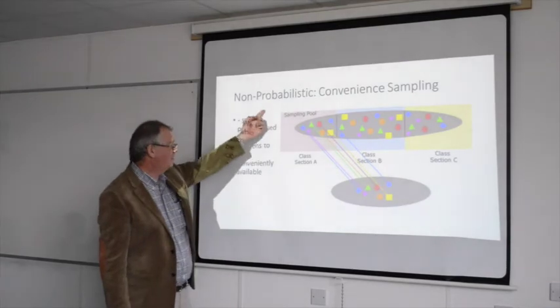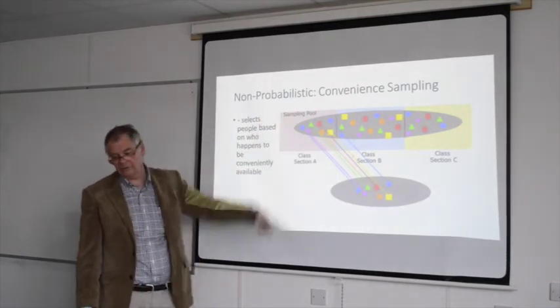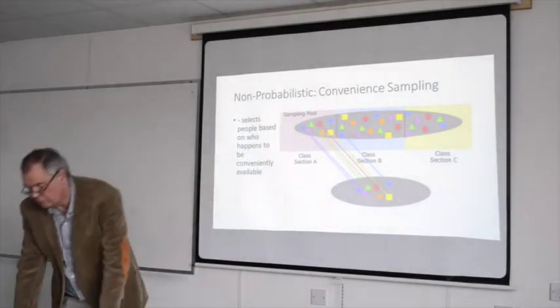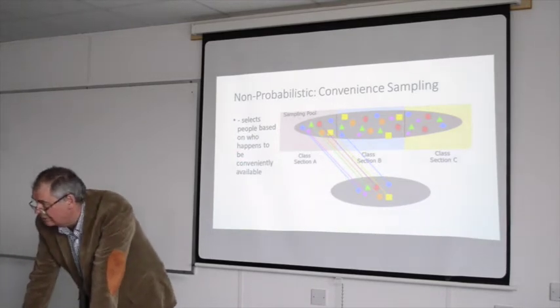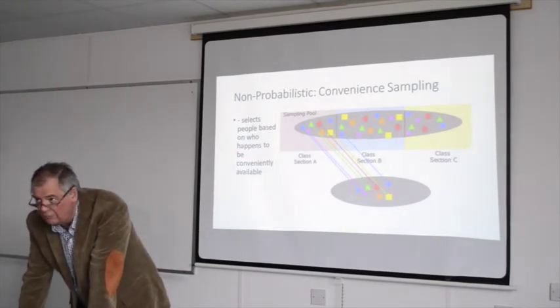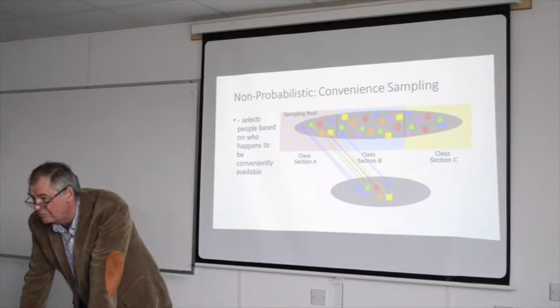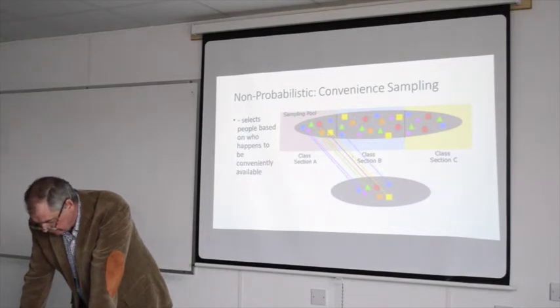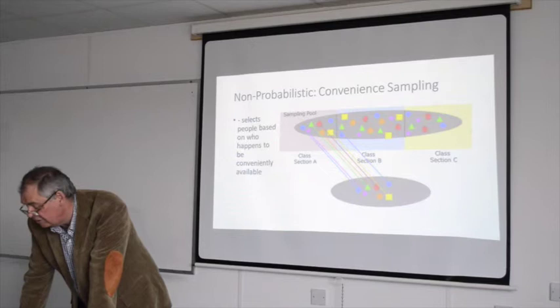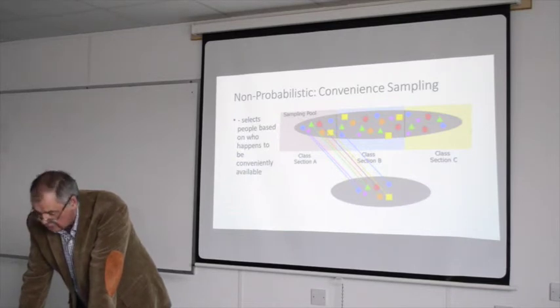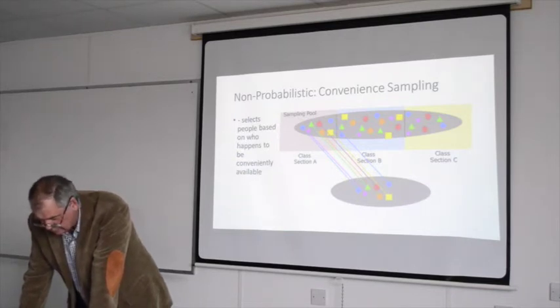So if you use this kind of sampling, you cannot claim that you have got an unbiased sample. You cannot claim that they are representative of the entire group. If you just pick people who conveniently happen to be around, then that is not probabilistic sampling. Using student volunteers for research is typical of this kind of convenient sampling.